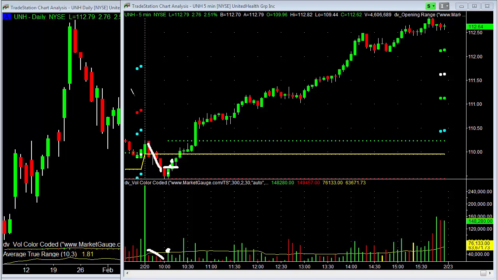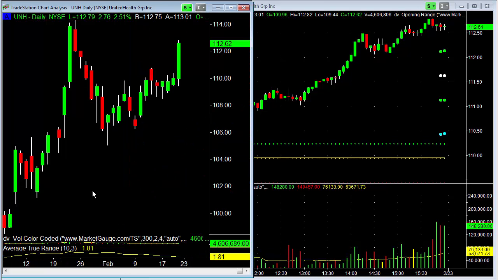And again, you're playing for a move back up to the highs, or if you're in a swing trade environment, or you've got a day like today where the whole market's coming back with you, then you wait, see what happens. And when you do this enough, while this is somewhat of an extraordinary move for this particular stock, it's not unheard of, as you can see by looking at the recent history.